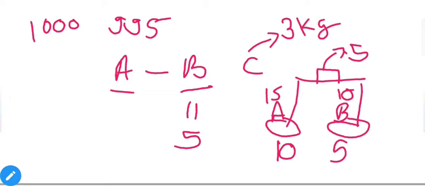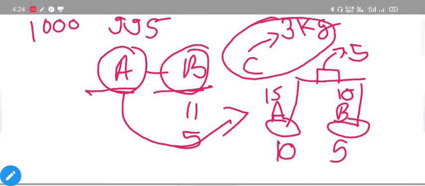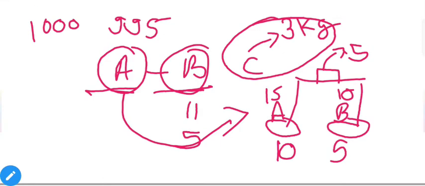So how can we find the masses of A and B? Remember, on this scale you can only find the difference between two masses, but you cannot find an individual mass. So how can we do it? We do not know the mass of A and B, but we know the mass of C. So with the help of C you can find A and B.